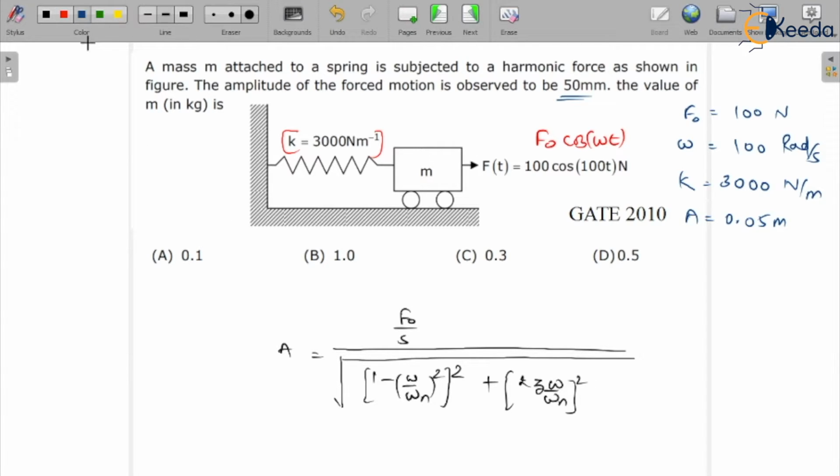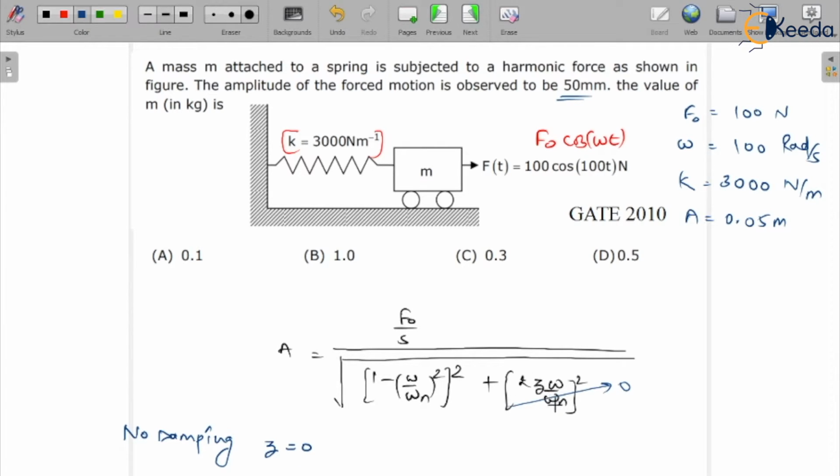However, there is no damper provided to the system, so there is no damping. As there is no damping, zeta would be equal to 0. Zeta is nothing but the damping ratio or damping factor. So if zeta is equal to 0, this whole term becomes 0.